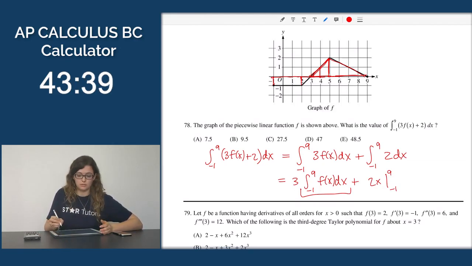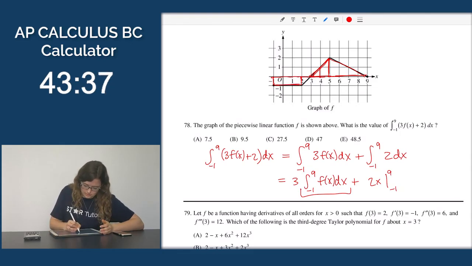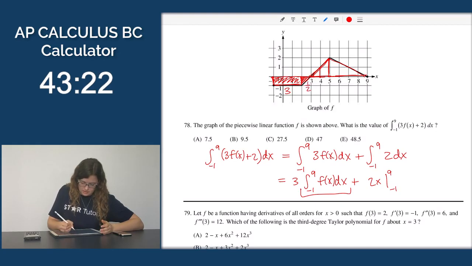And it's like a rectangle plus a triangle. So the first rectangle looks like it has width 1, 2, 3 and height 1. So that's 3 times 1, 3. And then this triangle is 1/2 of 1 times 1, so it's 1/2. So I have negative 3.5 for that first area.